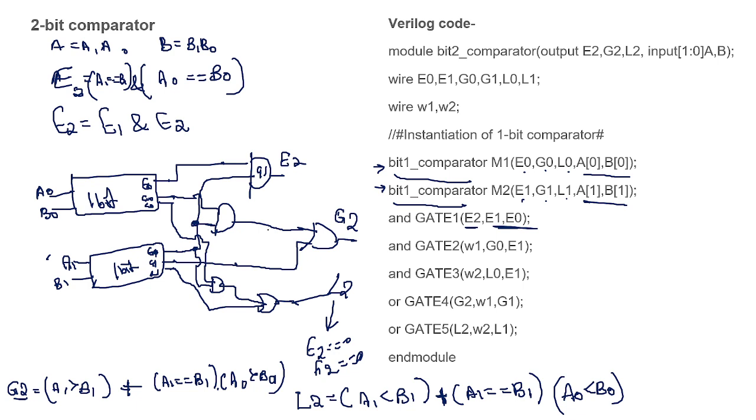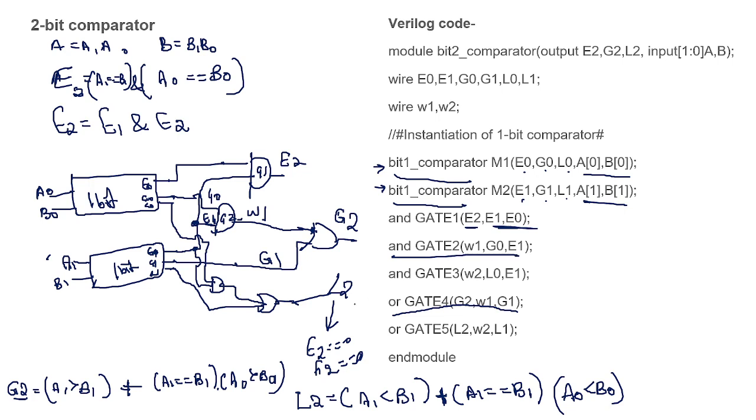Then the second gate for G2, where I store the result in a wire W1: if this bit is greater and this bit is equal, or the MSB itself is greater. So this is W1 or G1.